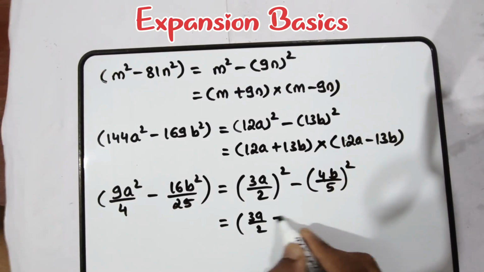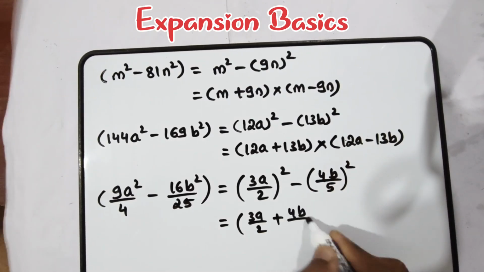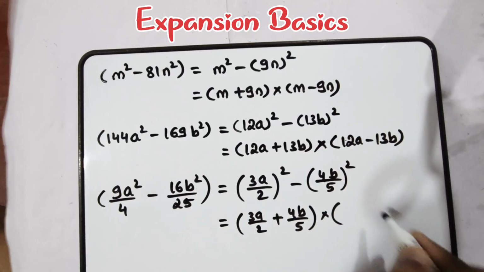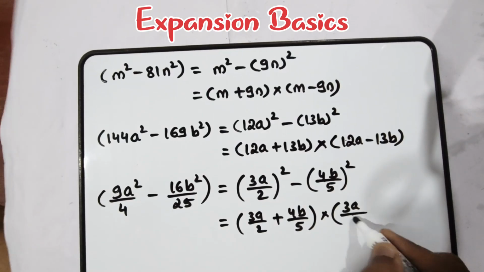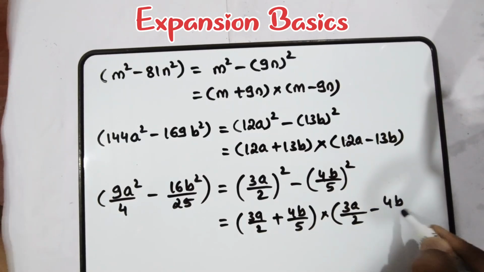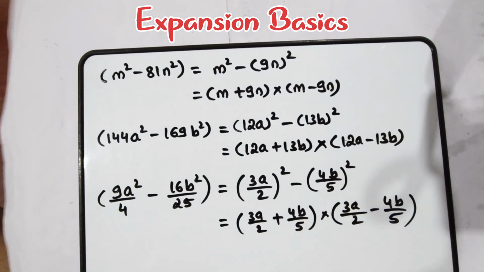So it is 3a by 2 plus 4b by 5, bracket close, into 3a by 2 minus 4b by 5.